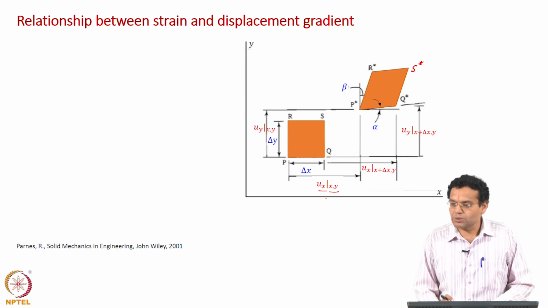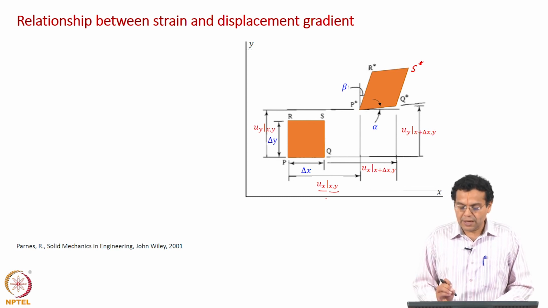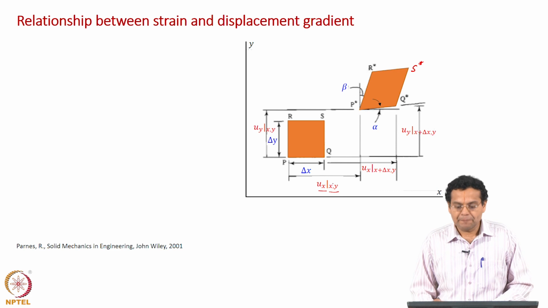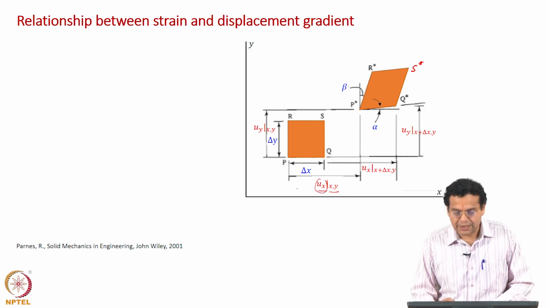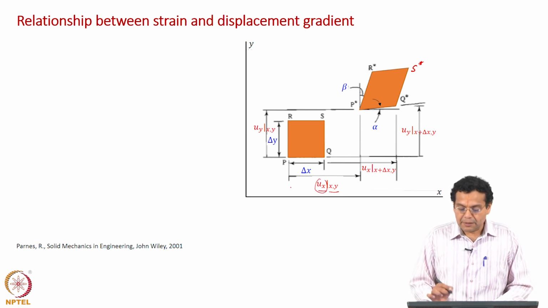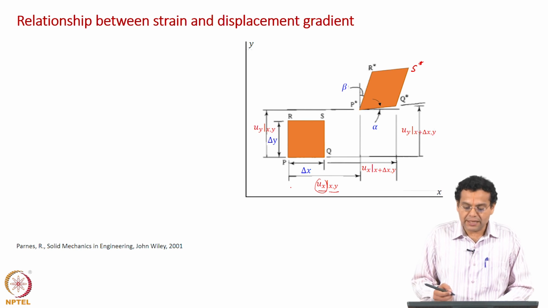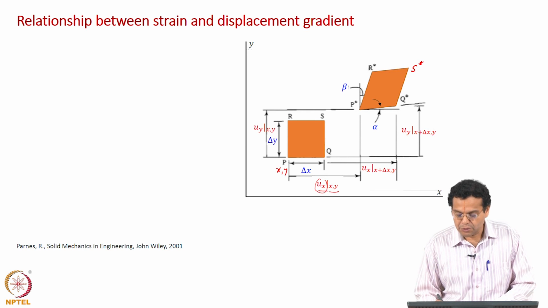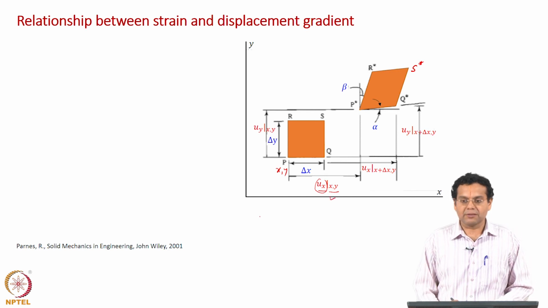We have not come across two subscripts before, but now u x is evaluated at x comma y. Repeating, P has got displaced to P star, that displacement is u x, but it depends on where P is present. The coordinates of P are x comma y, so u x is evaluated at x comma y.